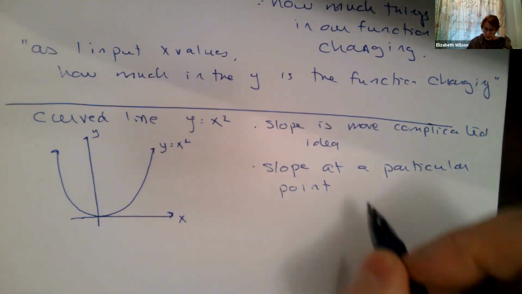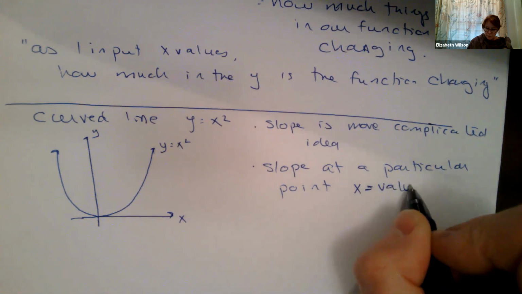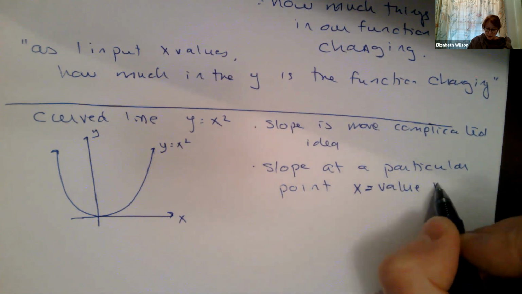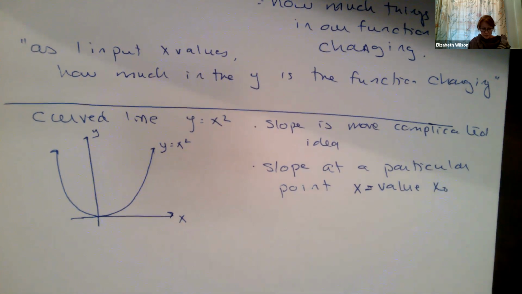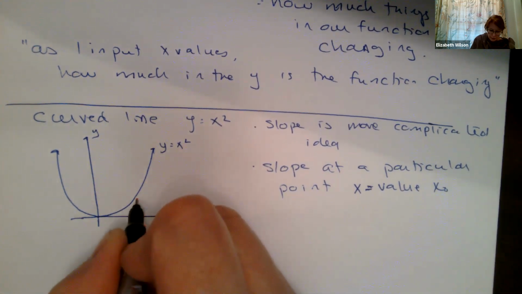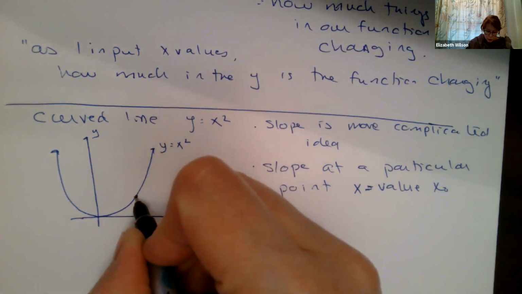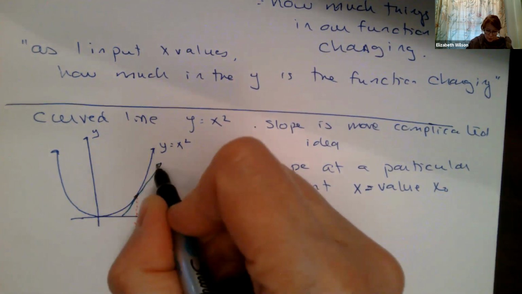In particular, we look at x equals some value, which I'll call x naught. So I say I've got this x naught value and I go up to my graph and I say, what's the slope at that x naught value? What I'm going to do is superimpose a straight line on top of that.